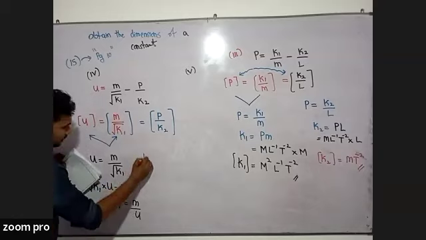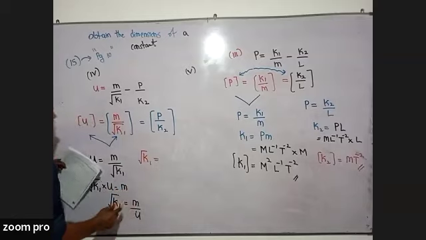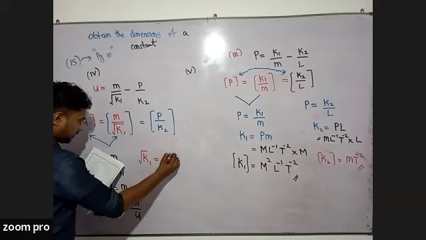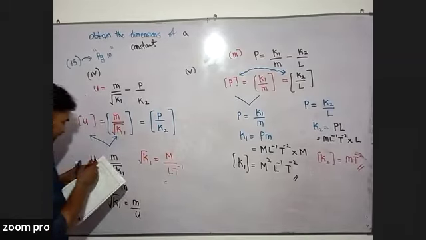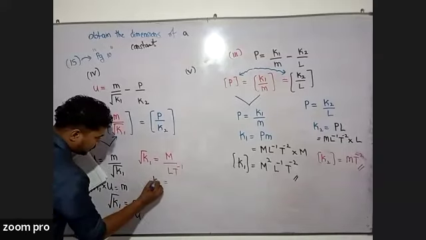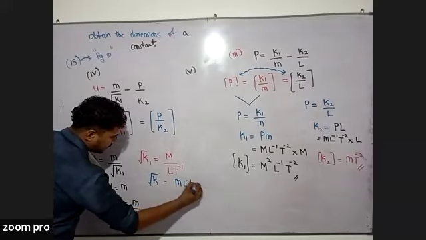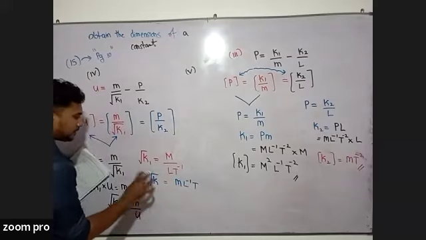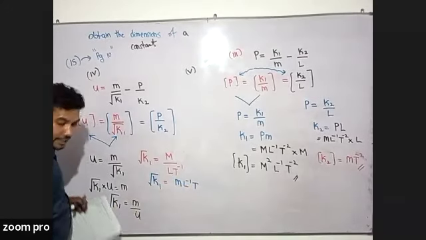So here, for the dimensions of root K1, M means mass, U means velocity, then the dimensions of root K1 should be equal to M L minus 1 T, right? But you are asked not for root K1 but for K1, right?